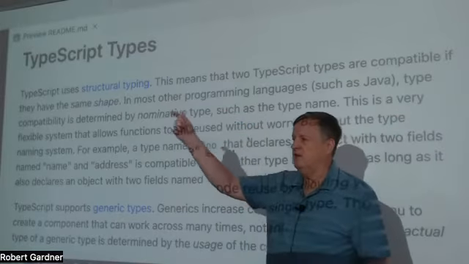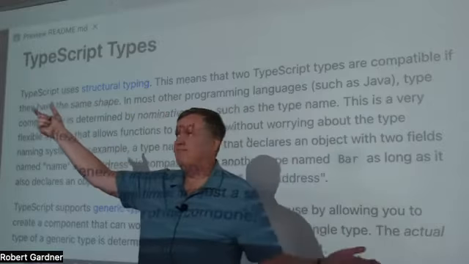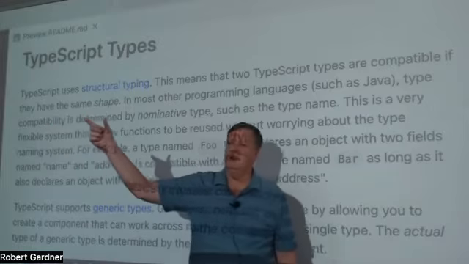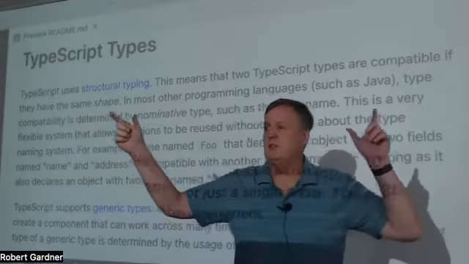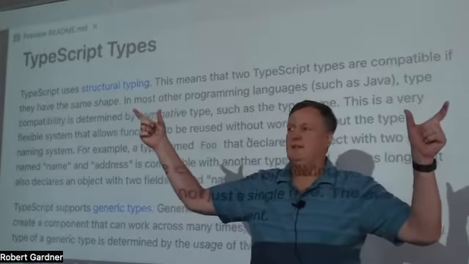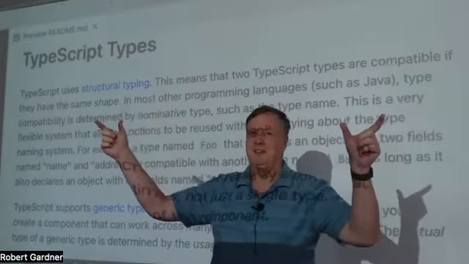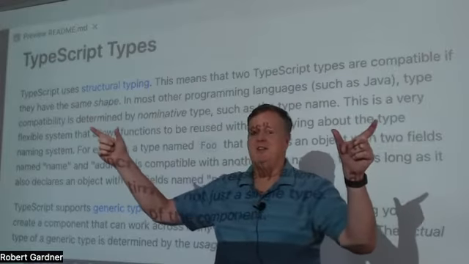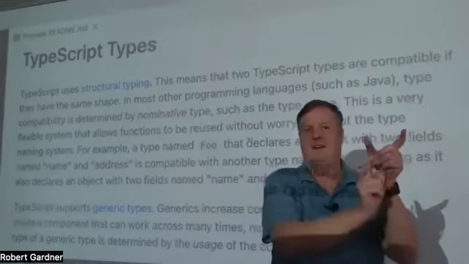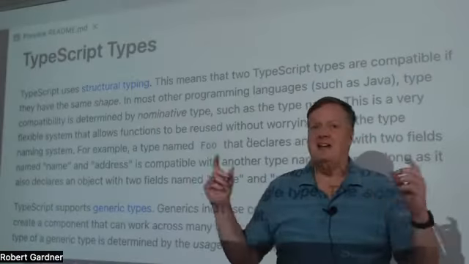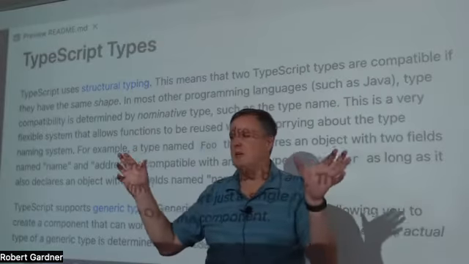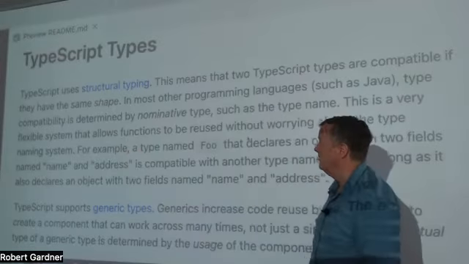So if I have a type named fetch state, and I have a function or a type named execution state, and they're both strings, and I try to pass a fetch state into an execution state, I can't do it. I can't pass one to the other. They're not compatible with each other. So there's no way that these types can actually interoperate.